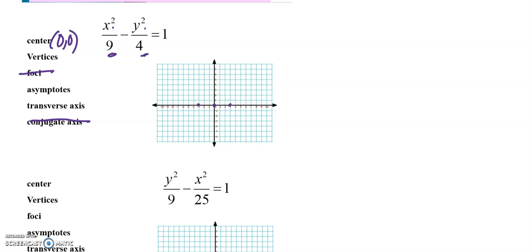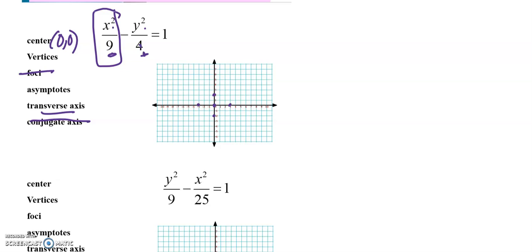Then if you look at the y, we have a 4 in the denominator, so the square root of 4 is 2. So along the y, we're up and down 2 from the center. Now, our hyperbola must work outward. It is going to open on this positive axis, the x-axis. So our transverse axis is going to be x.